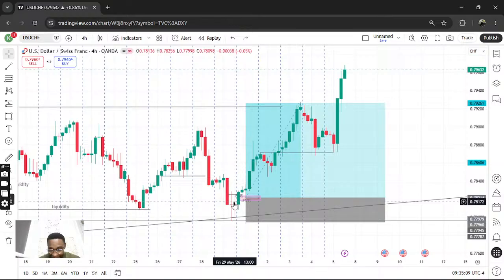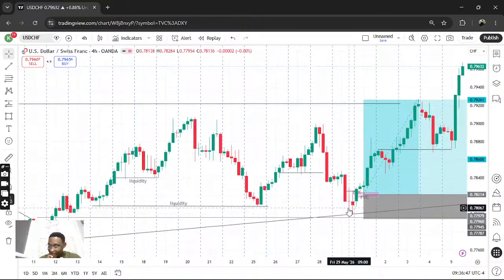It is always important as a trader to wait for candles to close at some points in the market. Let me give you the time ranges where you need to be careful. Around 7 a.m. to 10 a.m. London session, be careful of the candles that are forming at this point and always allow candles to close before you take a trade.